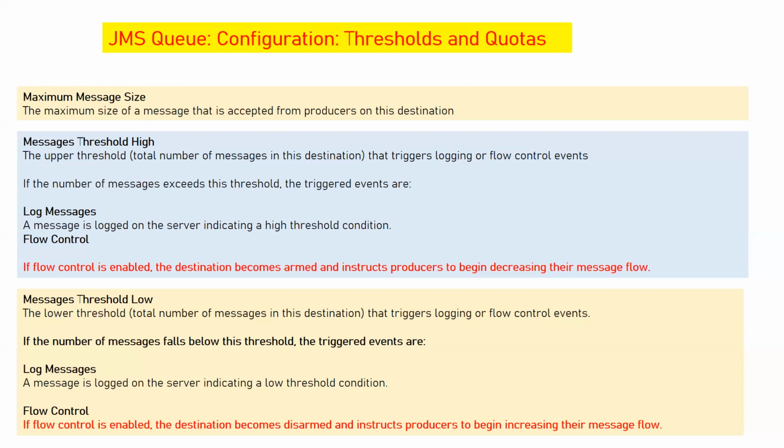Similarly, if the message threshold low is reached, your destination is unarmed again, and it will send a message to your producer that I am unarmed and able to process the messages, please increase the count of messages. In that case, your source application will send more requests based on the message flow maximum and message flow minimum count. This is how flow control works between your producers and consumers.